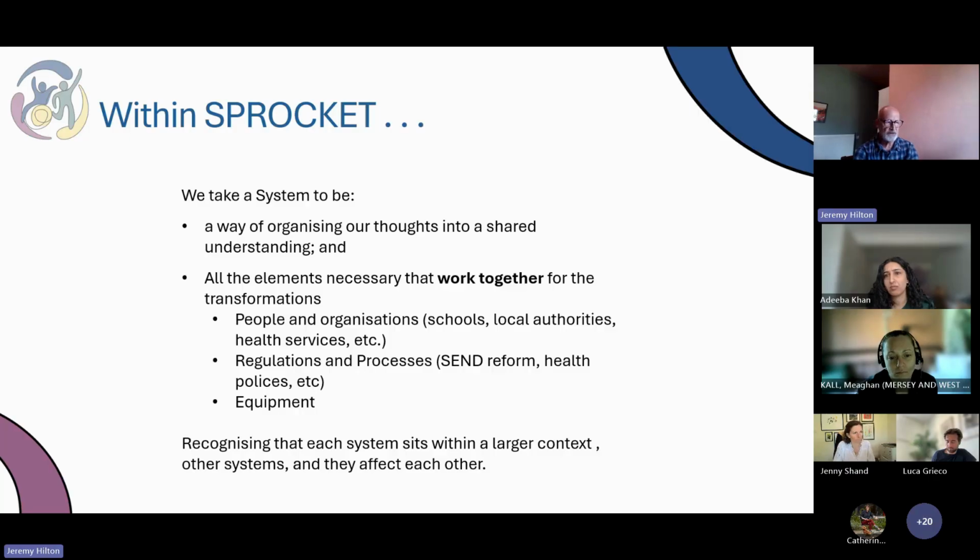The various policies at play through the health environment, the school environment, the local authorities, social care, social services, and so on. And if there's any equipment involved as well, I think it's quite a lot of equipment necessary for many young people. And is it available? Is it sufficient? Is it fit for purpose, etc.? And I've mentioned just now that each system sits inside a larger context outwith the scope of each of the transitions.